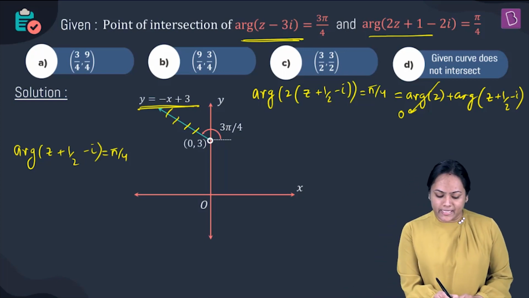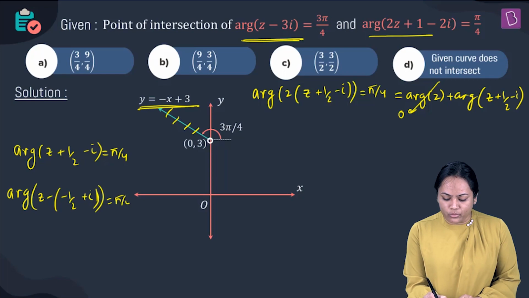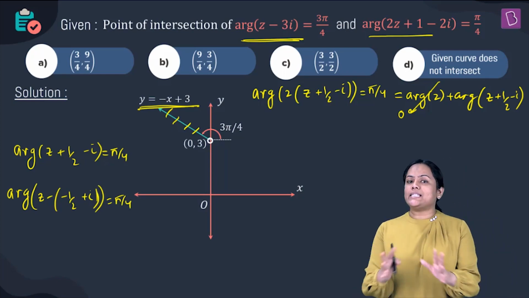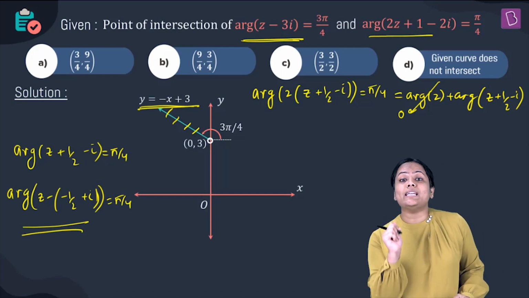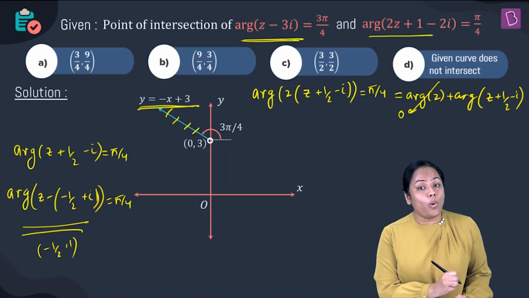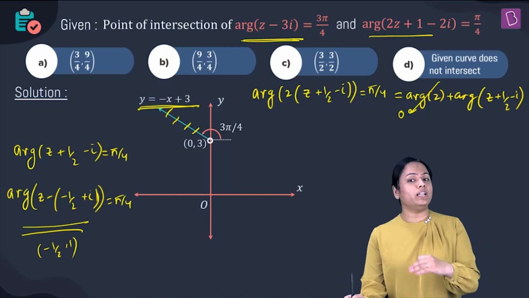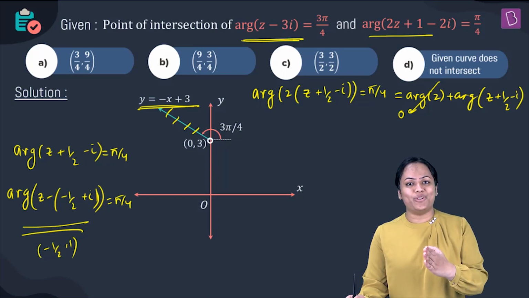Or further, you can write it like this: argument of z minus half plus iota is equal to pi by 4. And now again, by the same concept, this will represent a ray which is emanating from point minus half comma 1 and is inclined with the real axis, or a line parallel to the real axis, at an angle pi by 4, isn't it?